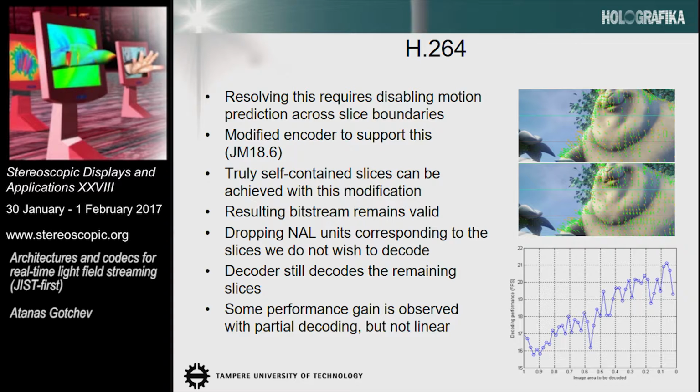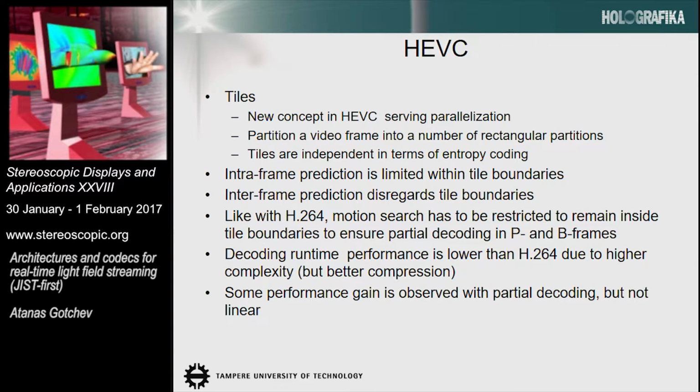When we do this, we can compare the speed in frames per second versus the part of the image to be decoded. You can see that it is improving, but not in a linear fashion.